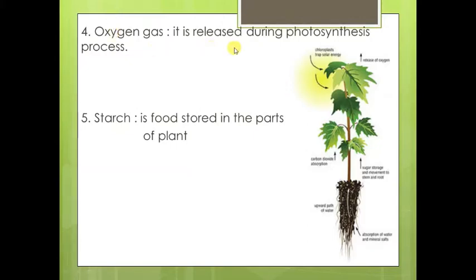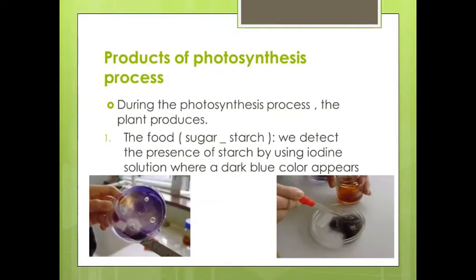As a result of the photosynthesis process, the plants give us two things. Oxygen gas, which is released during photosynthesis process. Starch, which is the food of the plants, and the plant stores this food in the parts of the plant. During the photosynthesis process, the plant produces the food in the form of sugar or starch, and we can detect the presence of the starch by using iodine solution, where a dark blue color appears.